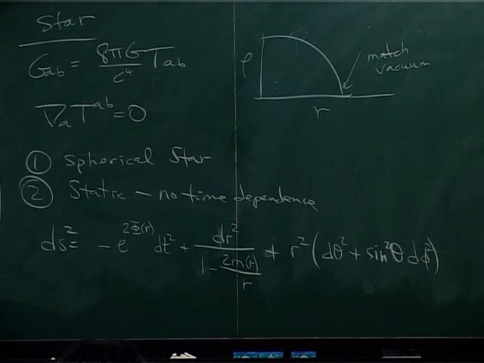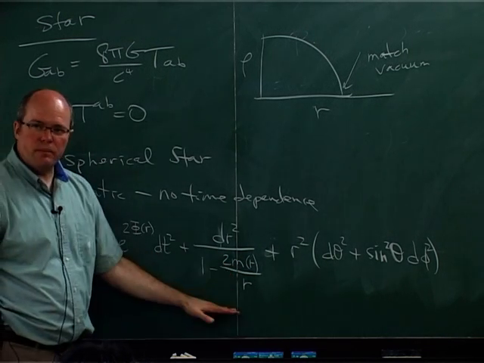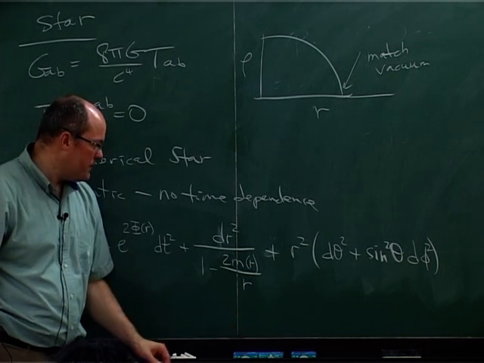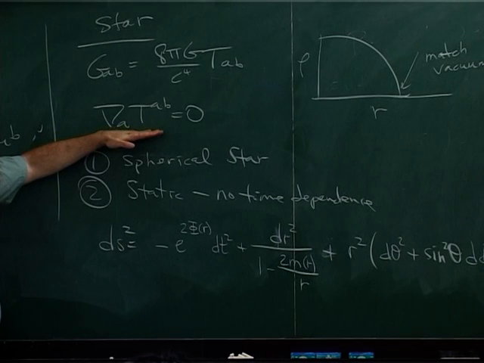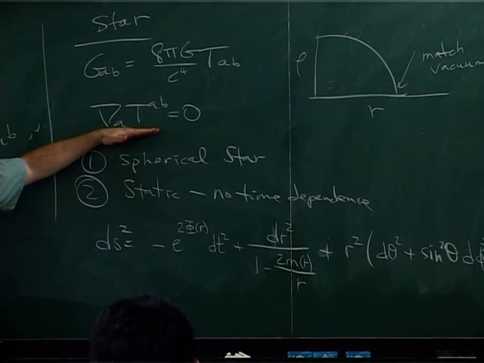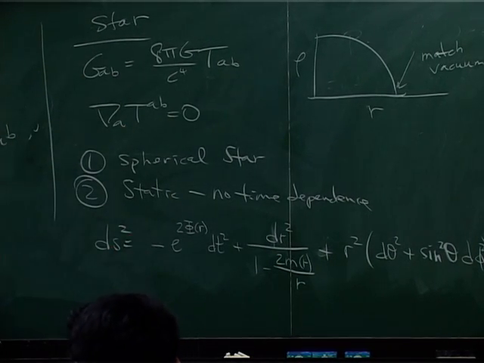And that's part of the magic of choosing this term to look a little bit like what you expect for Schwarzschild. If I now take this guess or form of the metric and put it into the Einstein equations and the fluid evolution equations, and I expand everything out, I come up with equations that look like this.